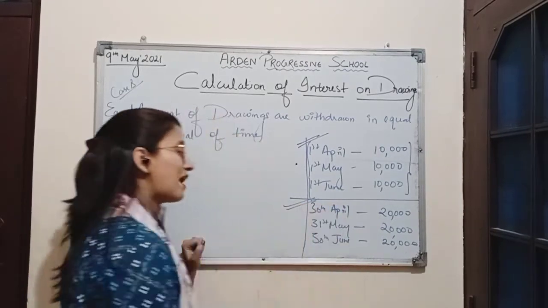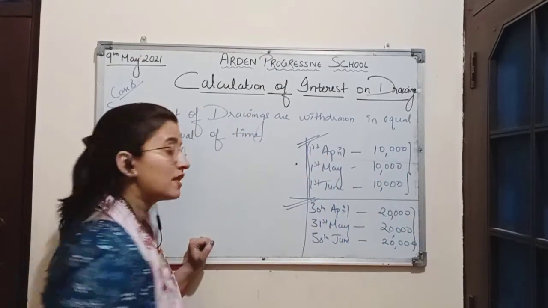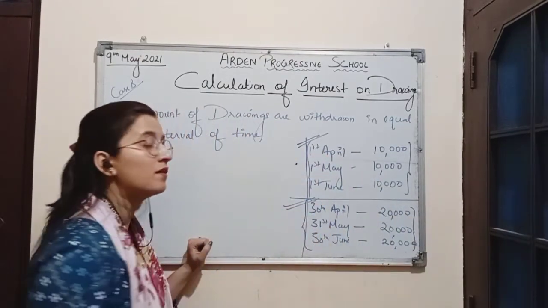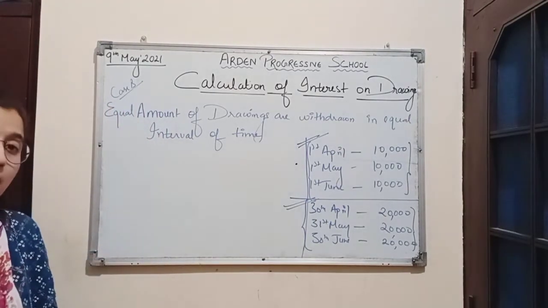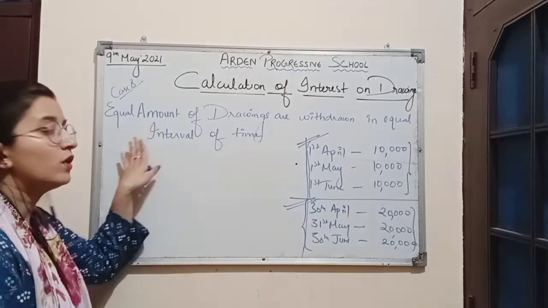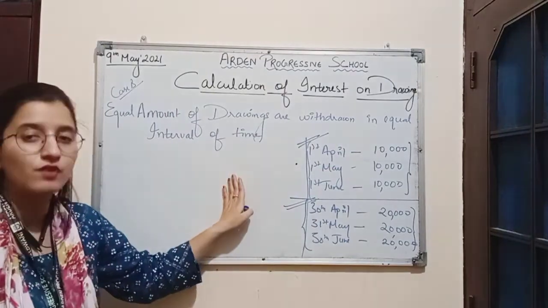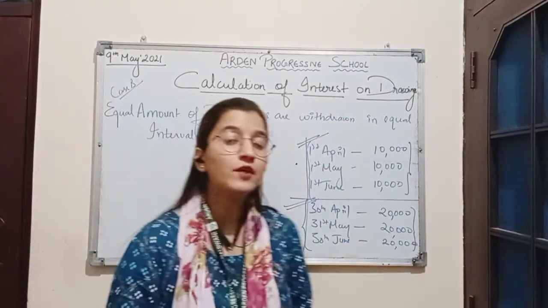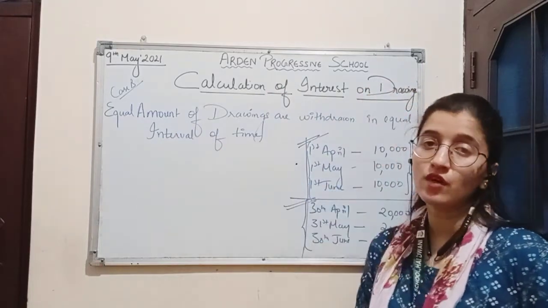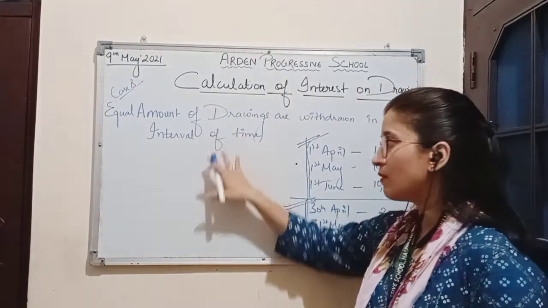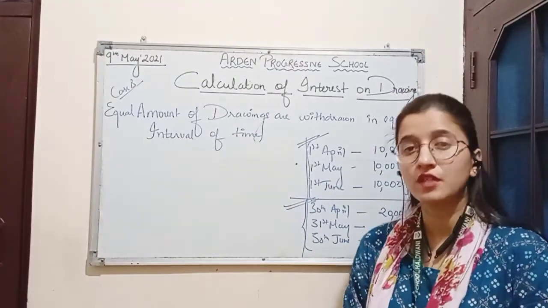So this is also an example of this case, where the partner withdraws the same amount at the end of every month. There may be some 8 or 9 cases where we have to calculate interest on drawings on a monthly basis. We'll discuss those cases and also solve some numerical questions based on them.